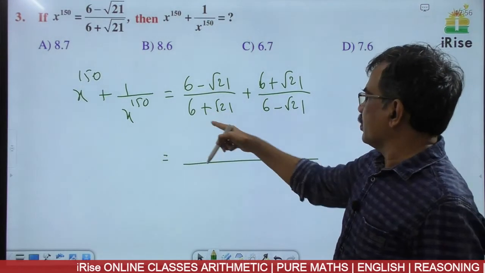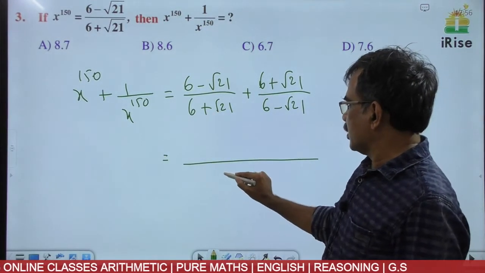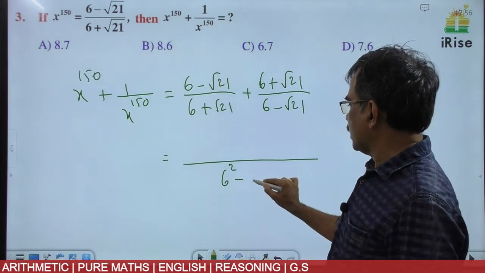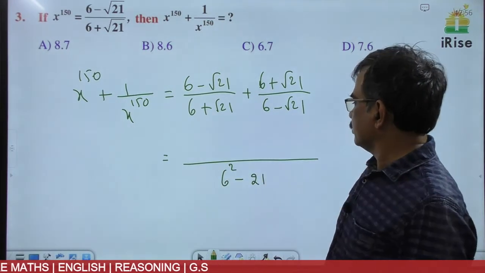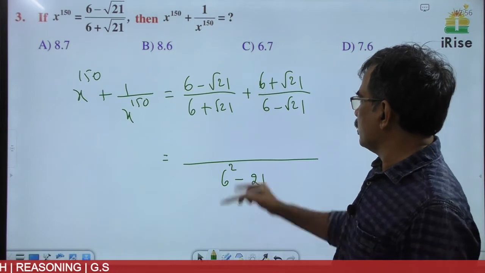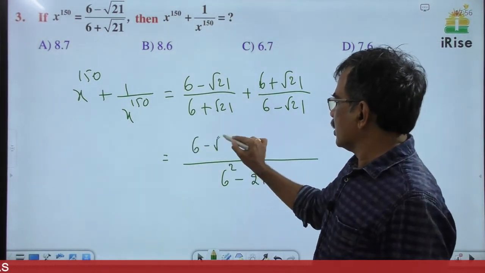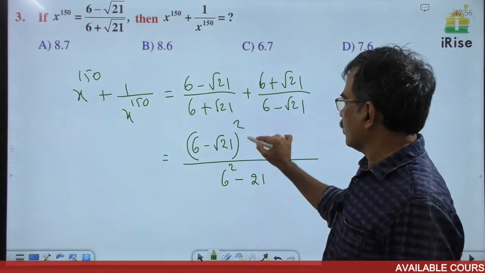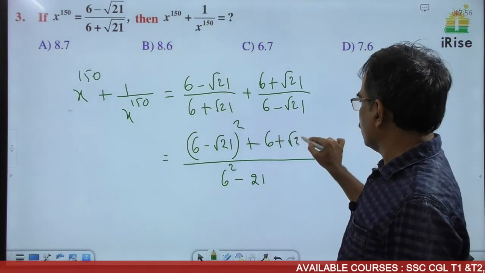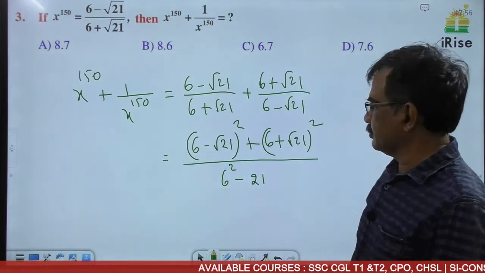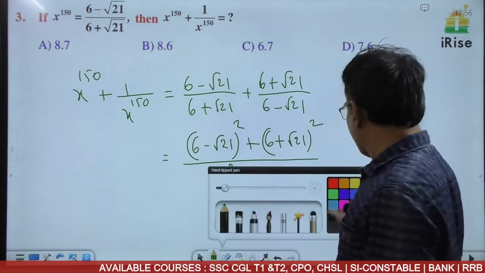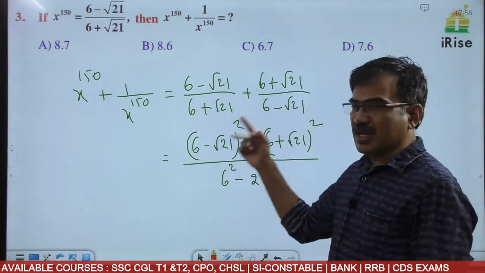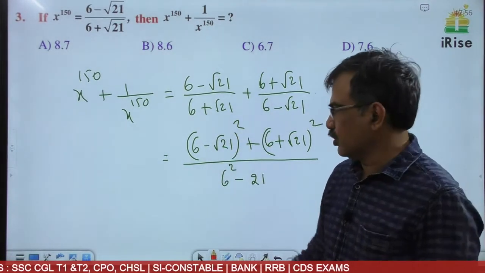Here the LCM is a plus b into a minus b, a square minus b square, 6 square minus 21, 36 minus 21. So therefore this can be written as 6 minus root 21 whole square plus 6 plus root 21 whole square after taking the LCM. This is in the form of a minus b whole square plus a plus b whole square.